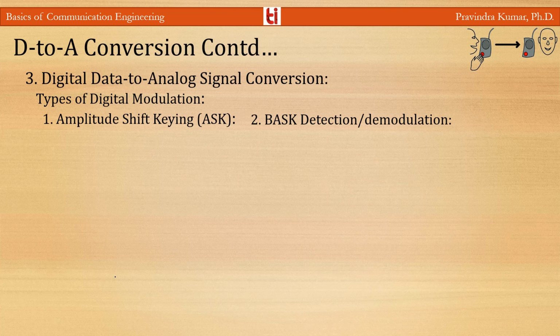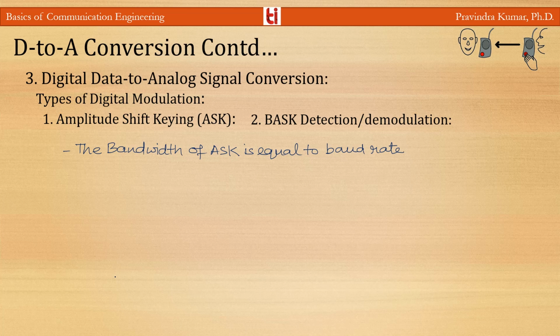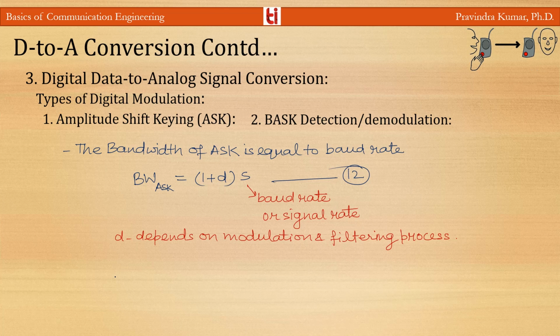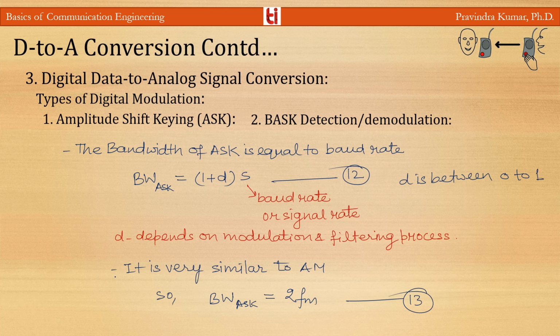Now the bandwidth of ASK is equal to (1 plus D) times S, where S is the baud rate or signal rate, and D depends on the modulation and filtering process and lies between 0 and 1. It is very similar to AM, so the bandwidth is equal to 2 FM for this ASK system.